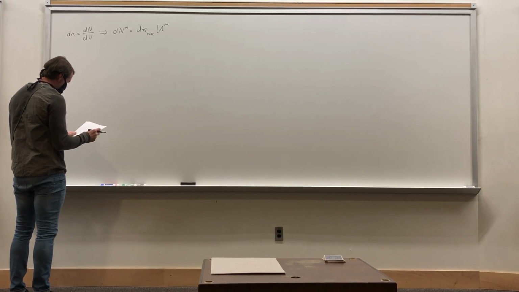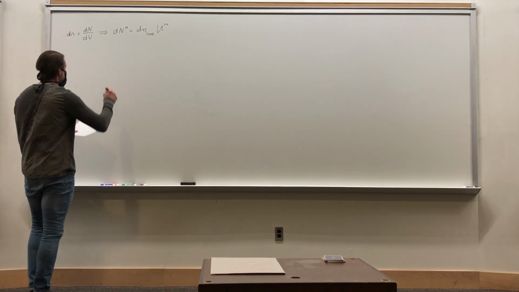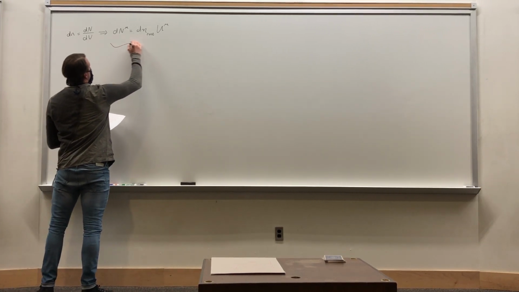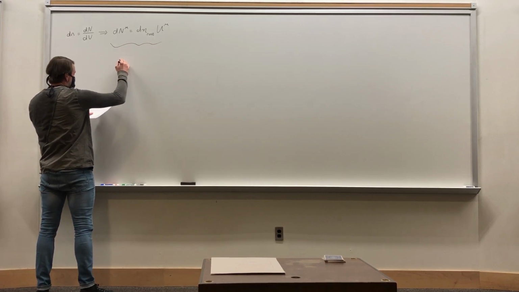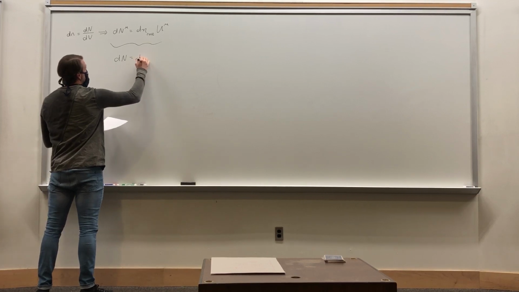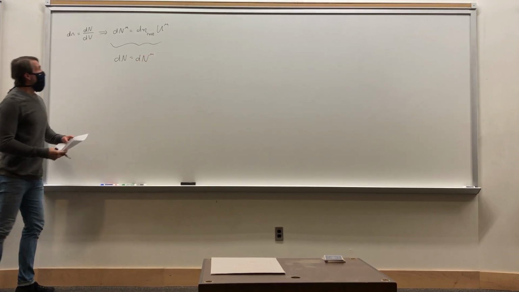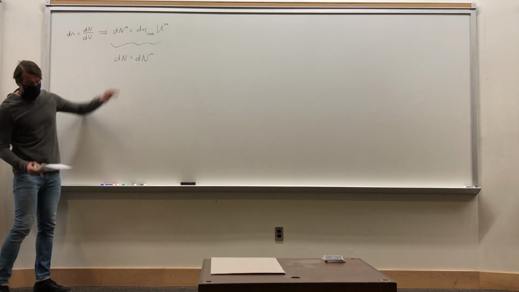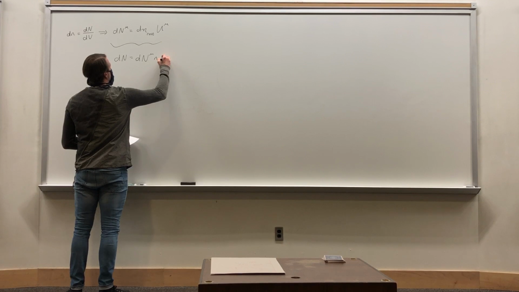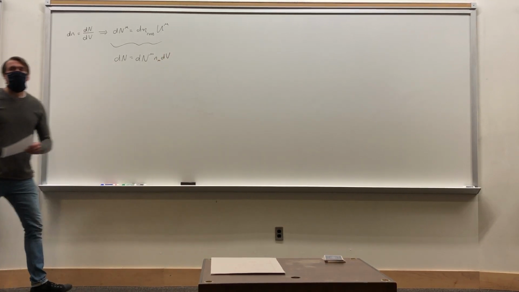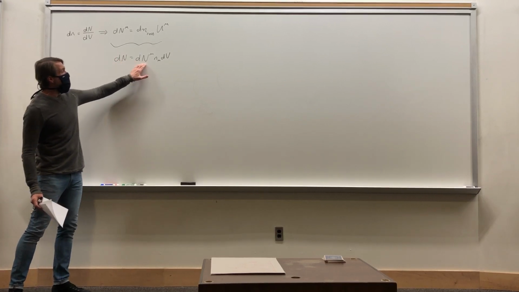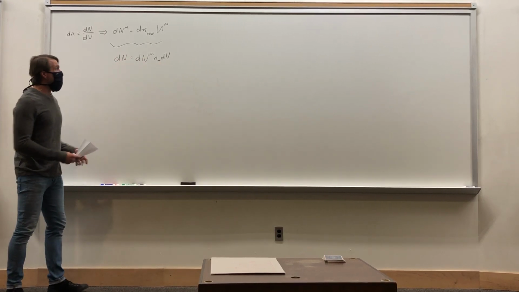Let me give you a different definition. So this is one definition, okay? An equivalent definition is to say that the number of particles is the contraction of the particle density vector with the volume, okay? And remember, the number is the density times the volume. That's all this formula is saying.